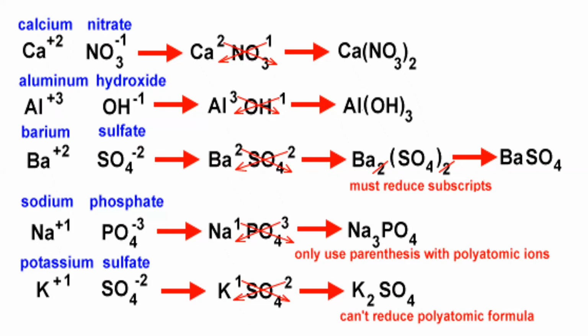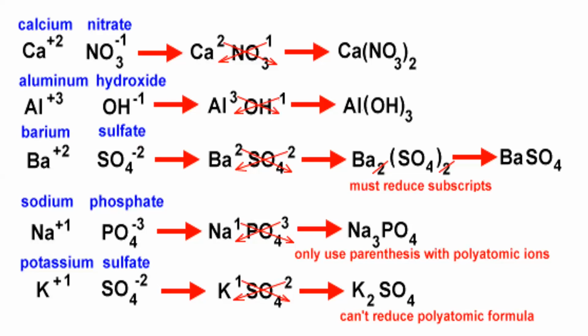Same goes with aluminum hydroxide. Since there is a polyatomic ion here, it uses, of course, open and close parentheses. Same goes with barium sulfate, sodium phosphate. Remember that you have to reduce the subscript since they are balanced, no need for you to write it down. And if ever there is no subscript anymore, then do not use parentheses for the sulfate here.